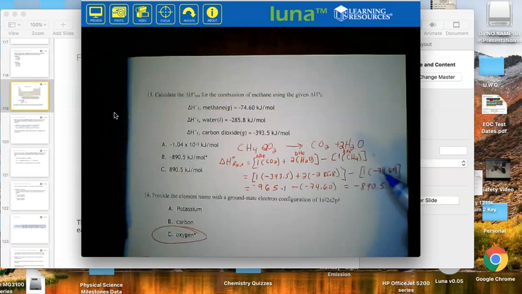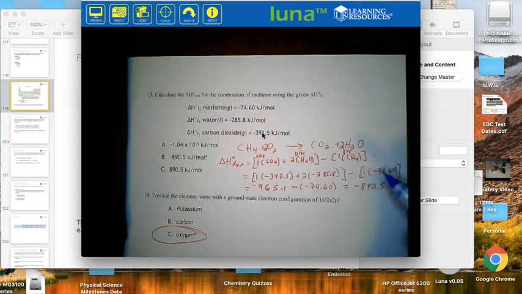Remember the trend for ionization energy: as you go from the top down, ionization energy decreases because the size of the atoms gets larger. It's a lot easier to remove an electron from a larger atom than from a smaller atom, so a smaller atom would have a higher ionization energy. Since lithium is highest on the periodic table compared to cesium and rubidium, it would have the smallest size and the largest ionization energy. So lithium is your answer there.